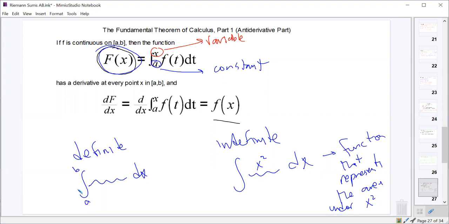When I do it from a constant to a constant, from a to b, as a definite integral, I am getting a specific area, under x squared from a to b. So an integral can be one of two different things: definite or indefinite. A definite integral is a numeric value, and an indefinite integral is a function that represents the area underneath that curve from some value to some other value, if I were to decide to put in upper and lower limits. Does that make sense?